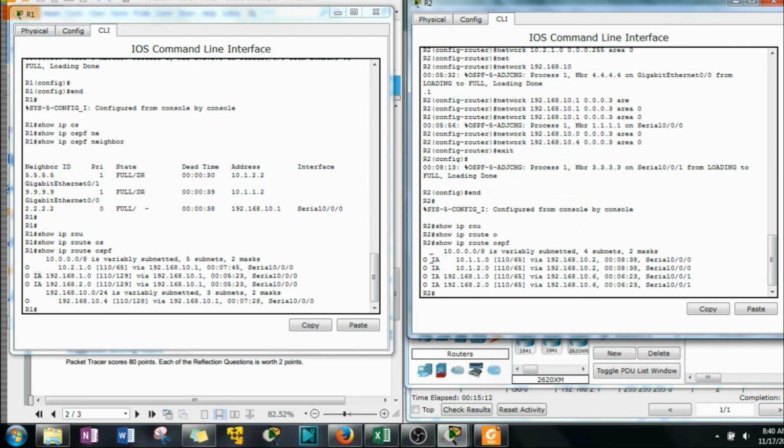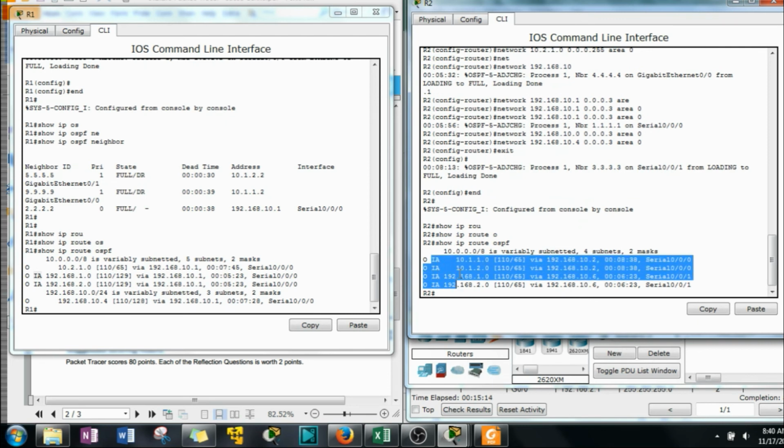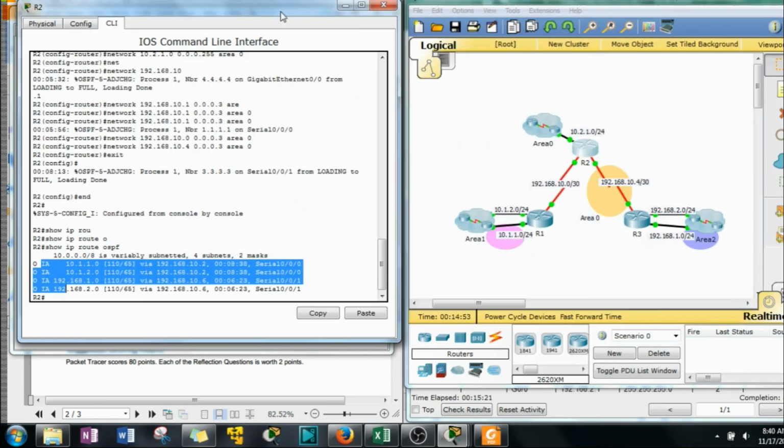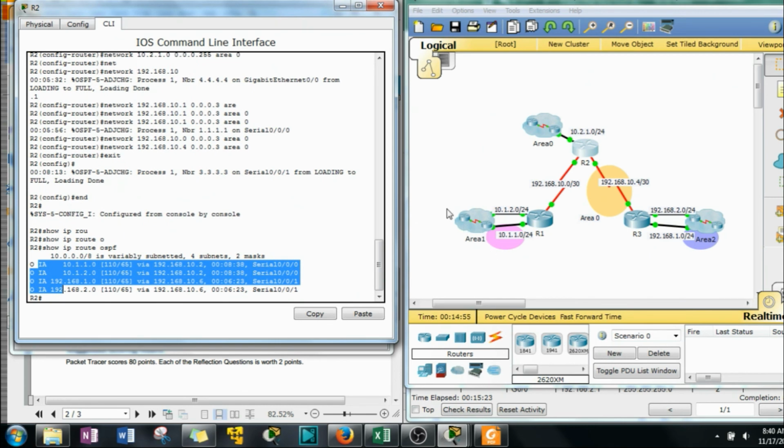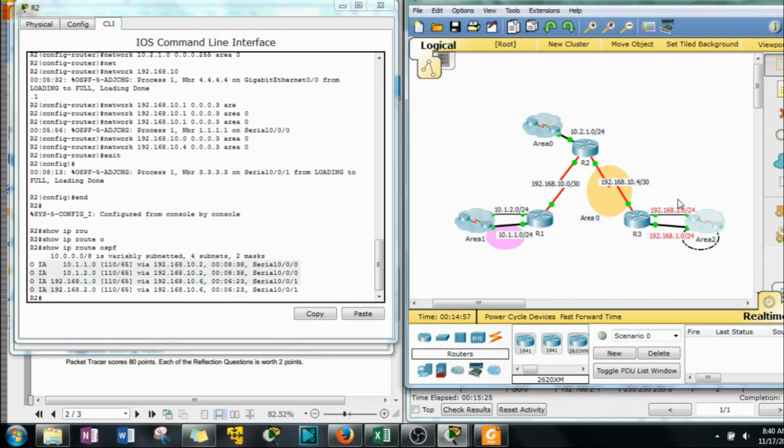And you'll notice that every one of its routes that have been learned through OSPF, and are not directly connected, are inter-area learned routes. We've got 2 over here, 2 over here, because R2 isn't connected to either one of those areas. It's an inside router.